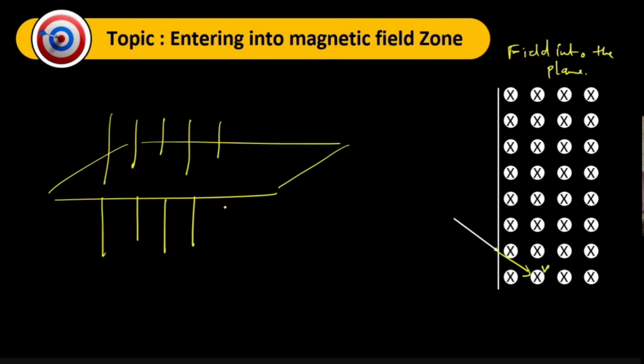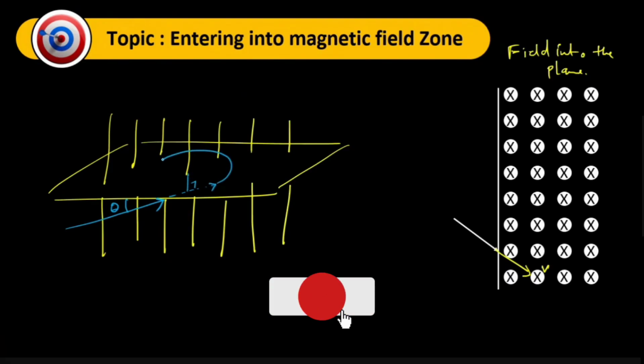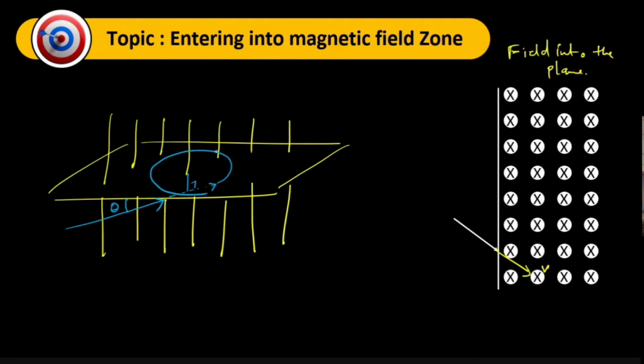You can observe that the charged particle has entered the field at some angle like this. Because the field is perpendicular to the direction of motion, it will ultimately go like that. This is how the path of the charged particle looks.